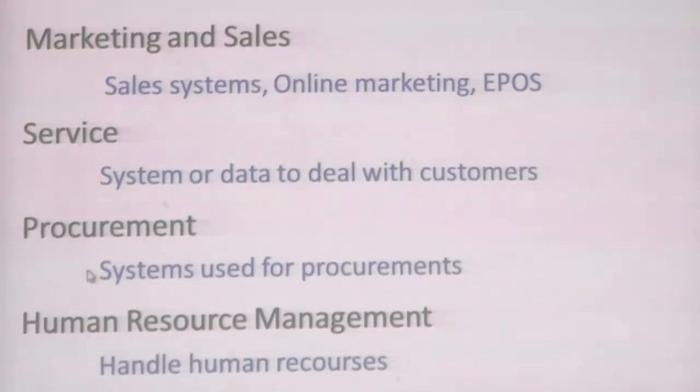And procurement. In procurement, systems are used for procurement activities, from purchase order until receiving the product. There are so many activities in the procurement process, and those activities will be performed through the procurement system.